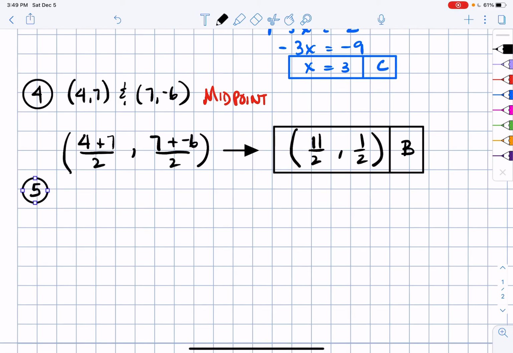All right, number 5. I've got vertical asymptotes, and it's giving me h of x is equal to x plus 1 over x times x minus 3. One of the things that we talked about is that this is more about the restrictions, right?